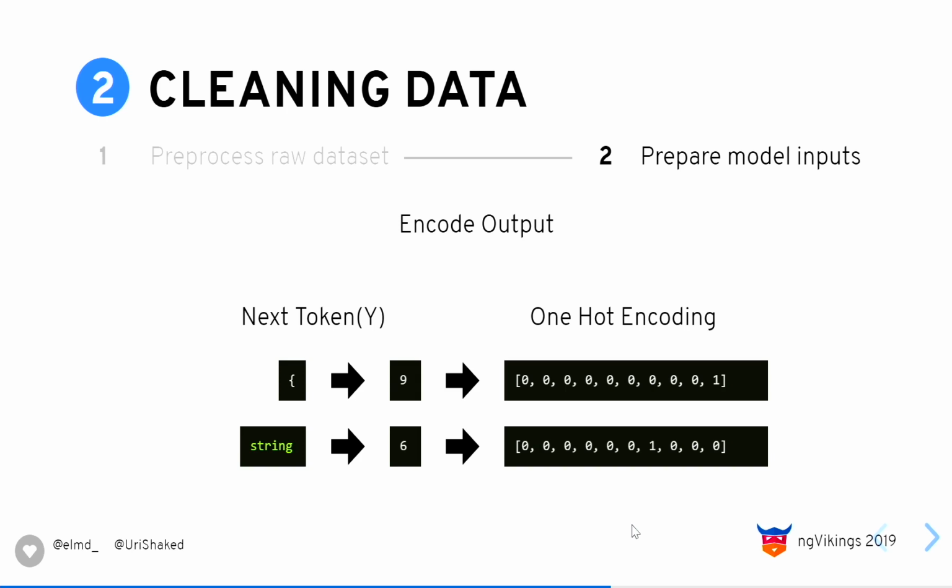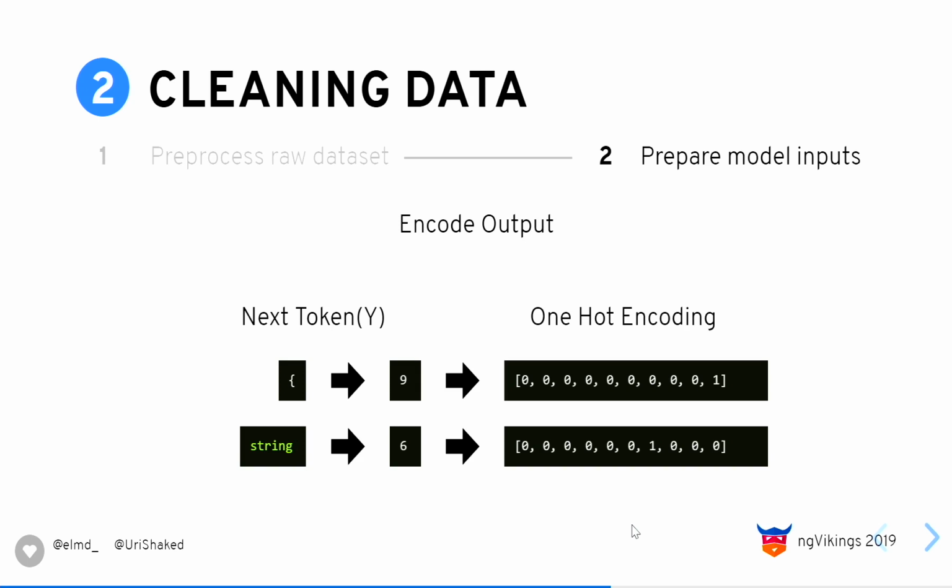Yeah, that for one. So the idea is to use something for the output called one-hot encoding. Let's say for this example, our dictionary only has 9 tokens in it. So we would have 9 numbers. And every single value in this array would represent 1 single token from the dictionary.